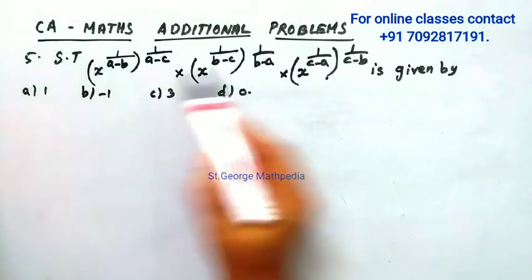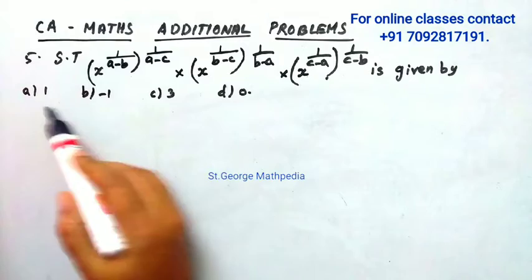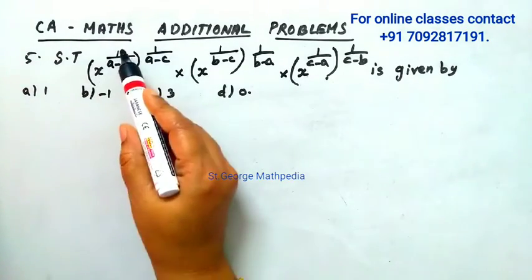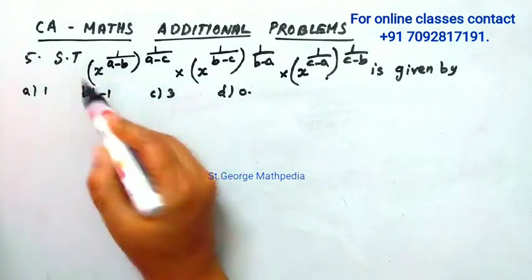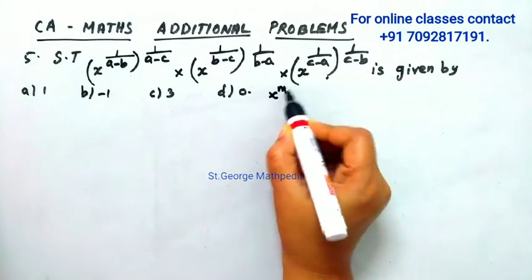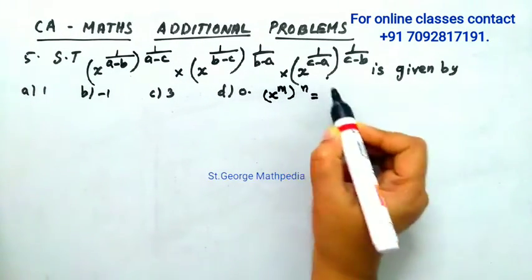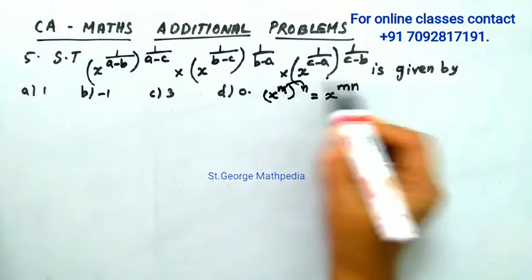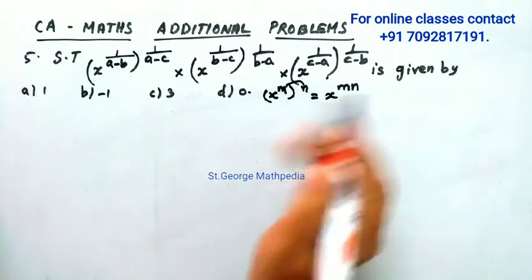Show that this expression is given by, you have 4 options, right? So x to the power of 1 by a minus b, whole to the power 1 by a minus c. We know that x power m whole power n is equal to x to the power of m into n. You have to multiply the powers, right?